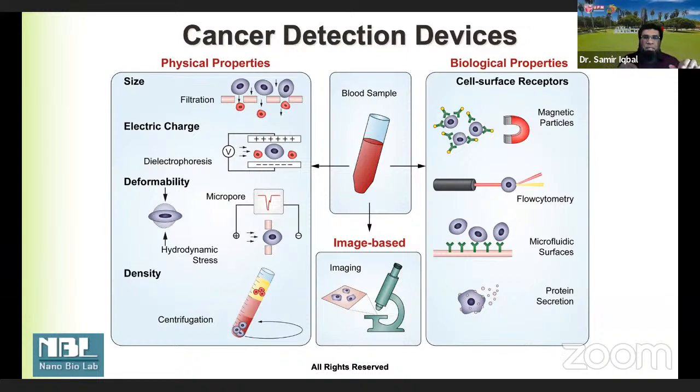Then we can push cells through, and once a cell goes through, we can measure the difference in the elastic behavior of that cell. And that can tell us if the cell is a disease cell or a normal cell.